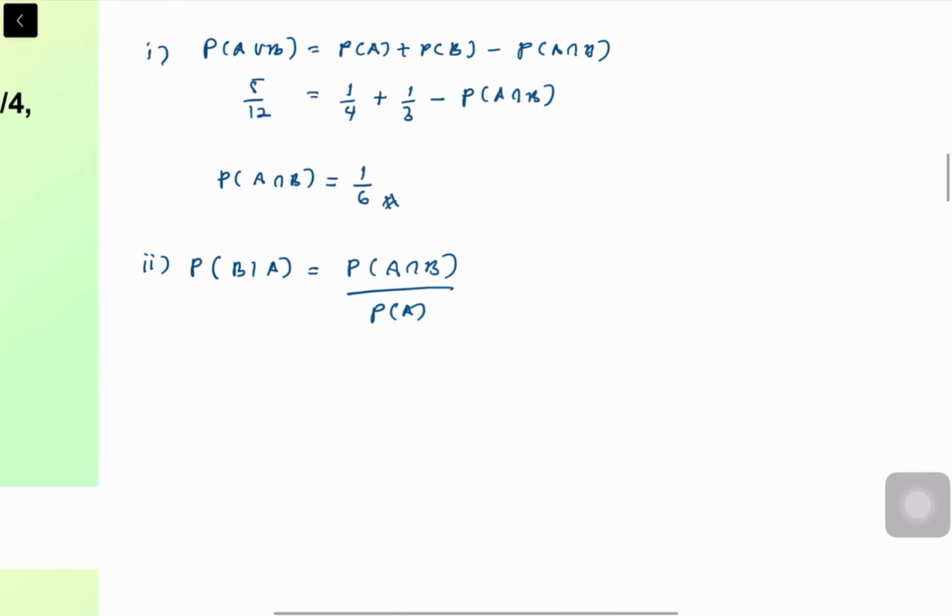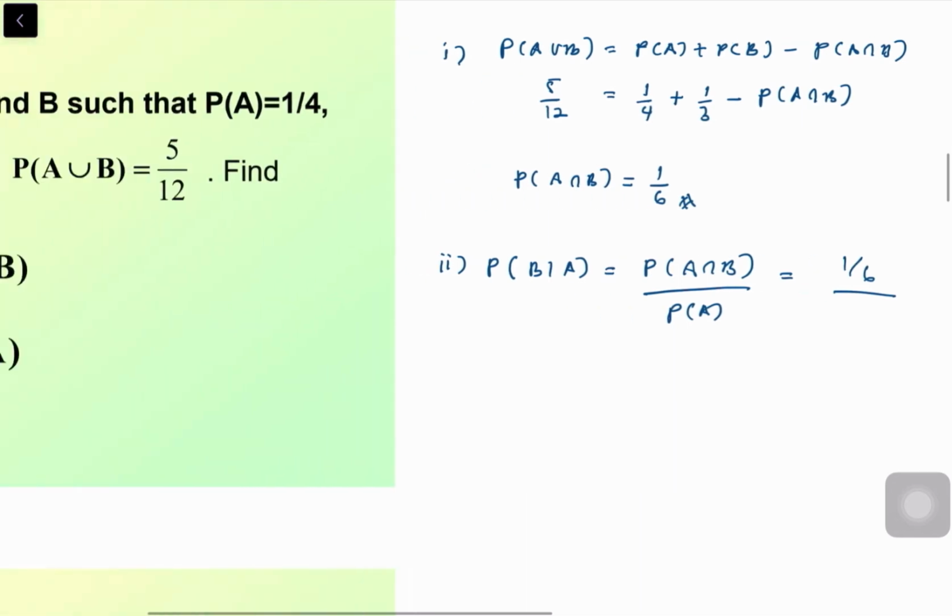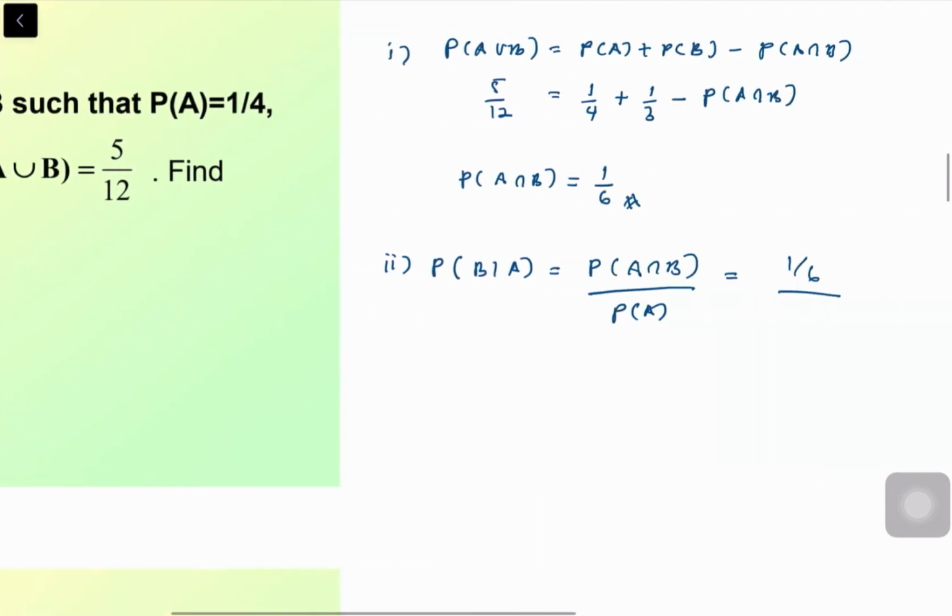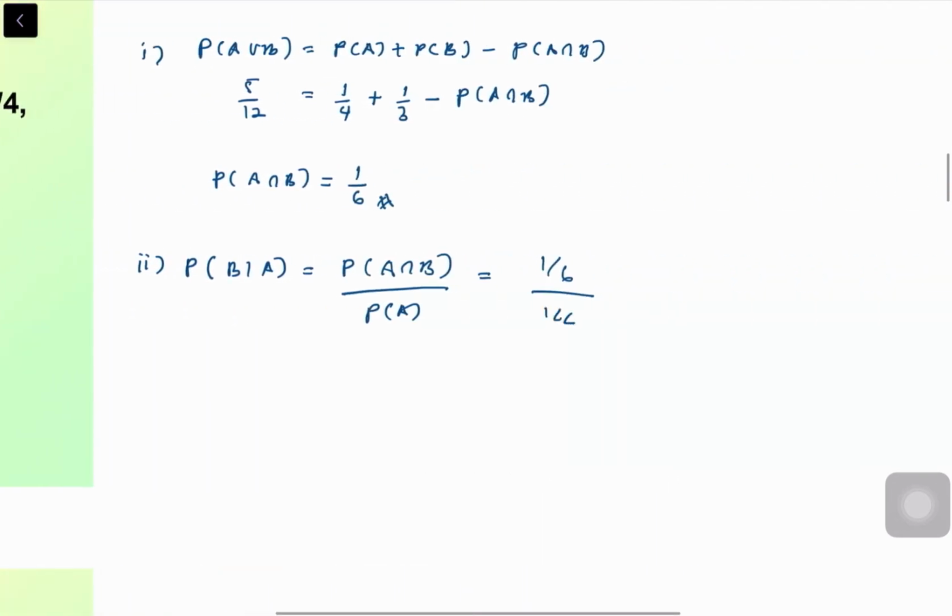The intersection we already have, which is 1 over 6, divided by the probability of A, which is 1 over 4. After we simplify, we're supposed to have 2 over 3.